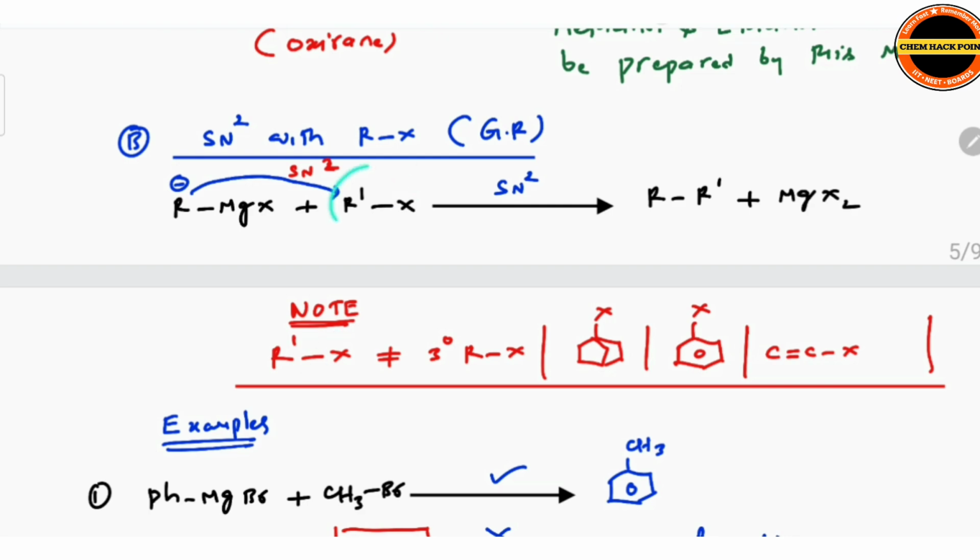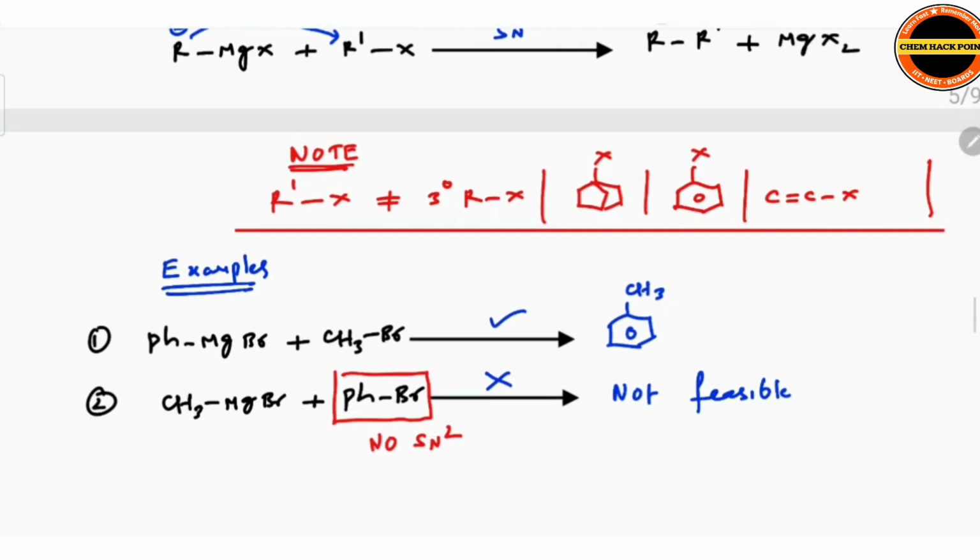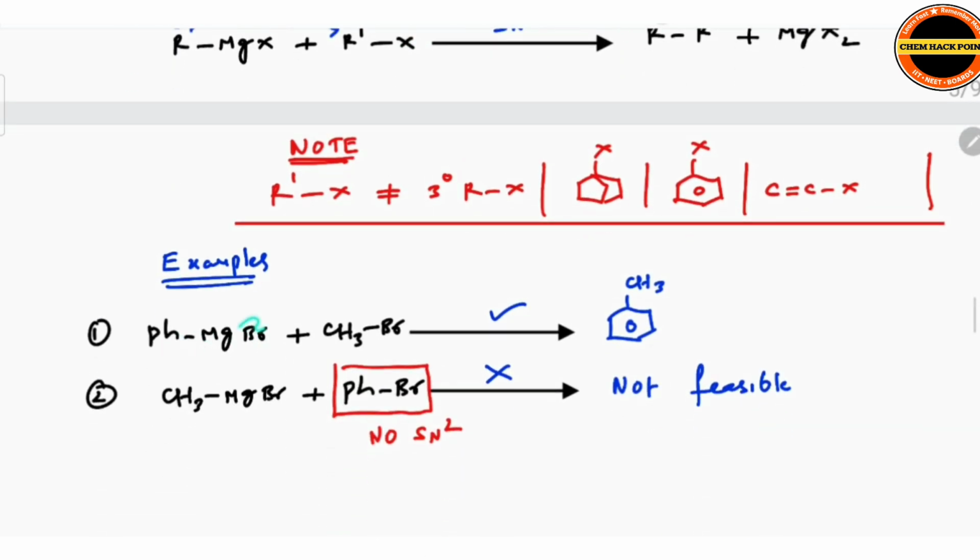For example, aryl magnesium bromide with CH3Br: here the Grignard reagent reacts with an alkyl halide, so the reaction is possible. This minus combines with CH3, and overall you get this product.